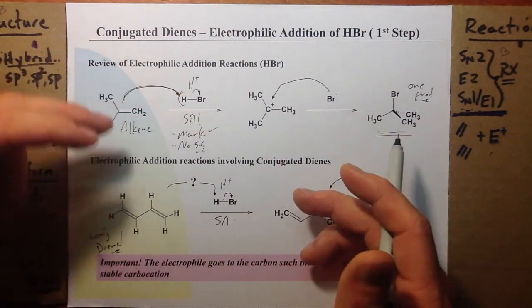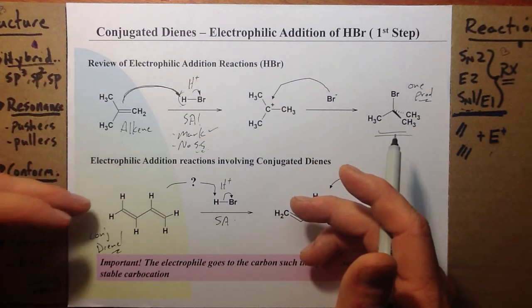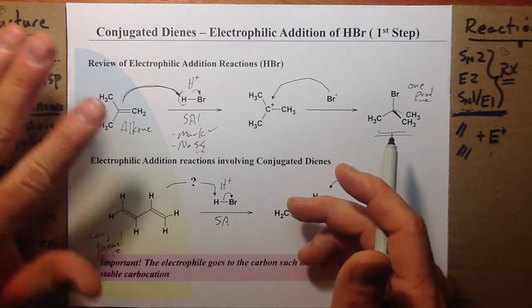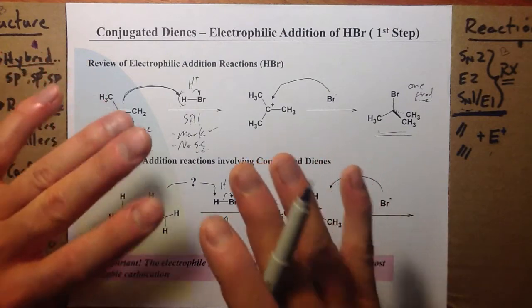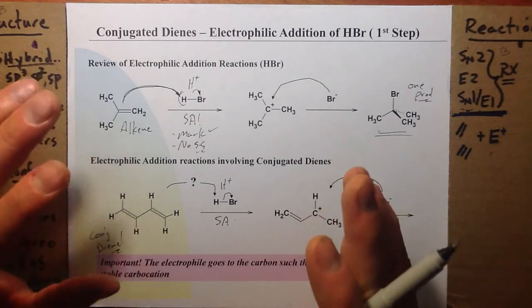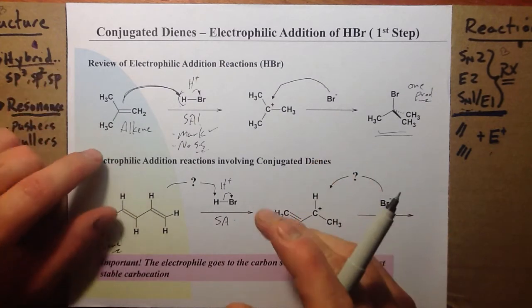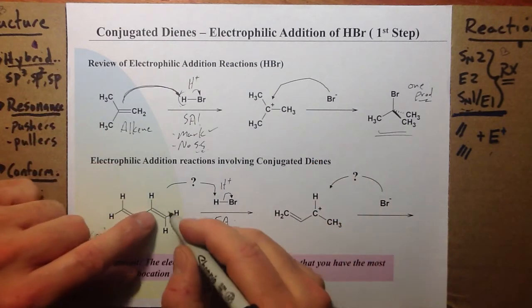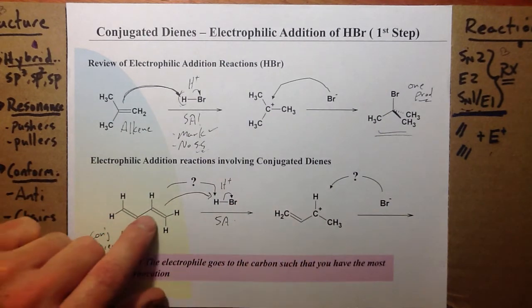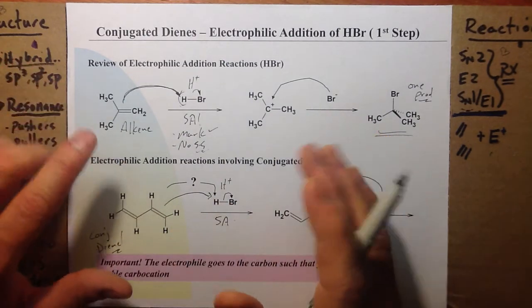So please, as you take the jump from alkenes to conjugated dienes, leave behind any concern for Markovnikov's rule, at least at the beginning. The first thing I must do is consider resonance stabilized carbocations. So I could attack with these pi electrons, and by resonance, let's again not consider Markovnikov's rule.